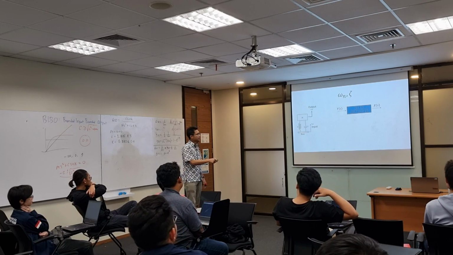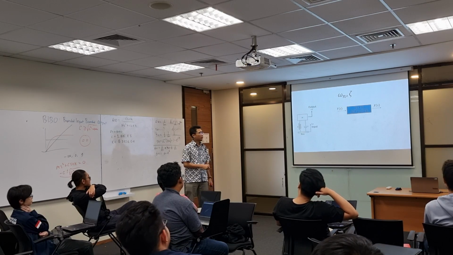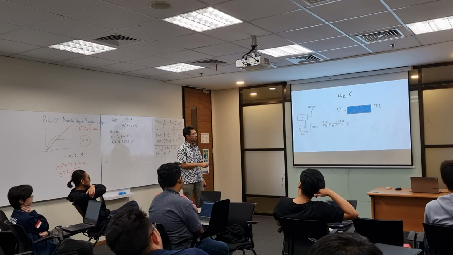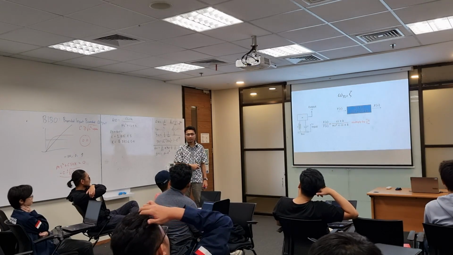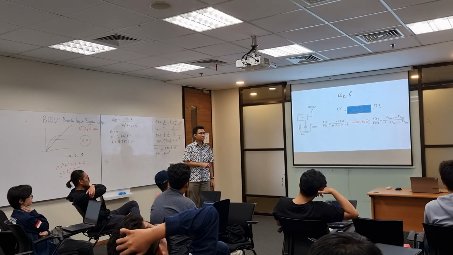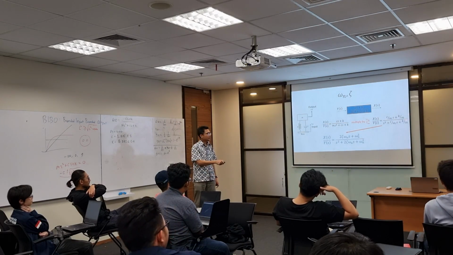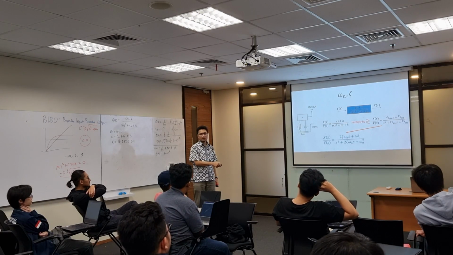From this system, this is the transfer function. We have M, C, and K over there. The transfer function is this one. If we multiply the top and the bottom part by 1 over M, what do we get? It's this one, and straight away we can rewrite it as this.